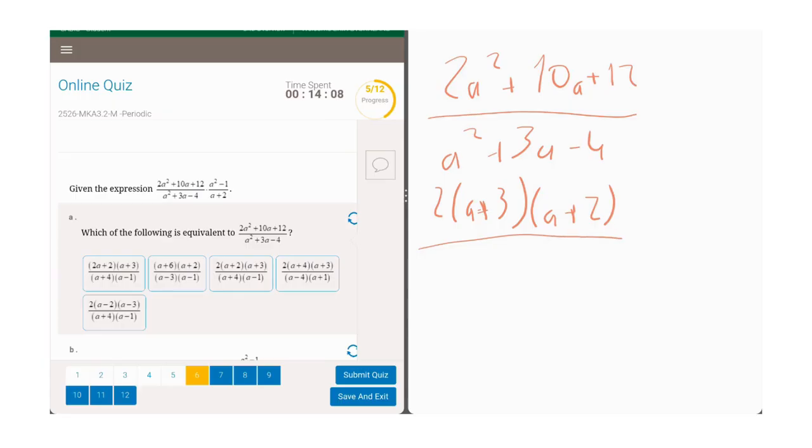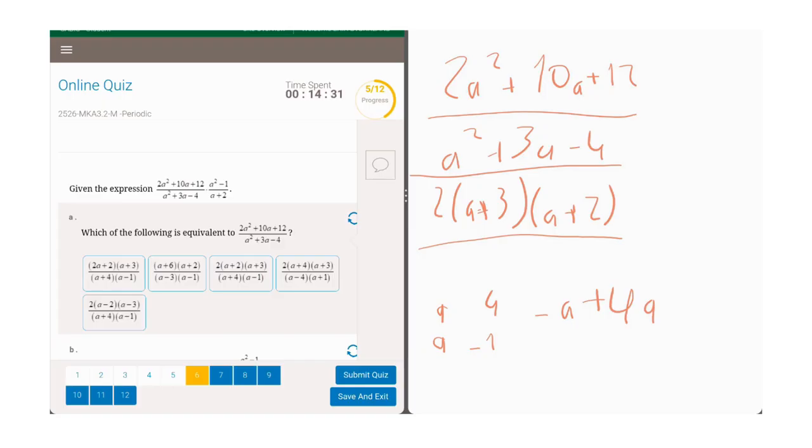It's usually easier if you factor it first. So now we take the denominator, factor using the box method, a, 4, and 1, so a and 4a, to make a 3a positive, so negative a, positive 4a, so negative next to the 1.